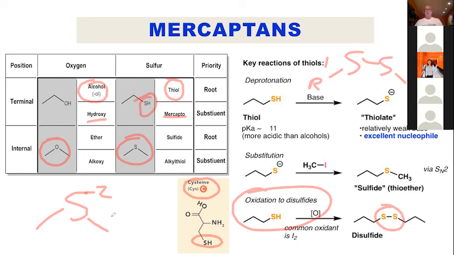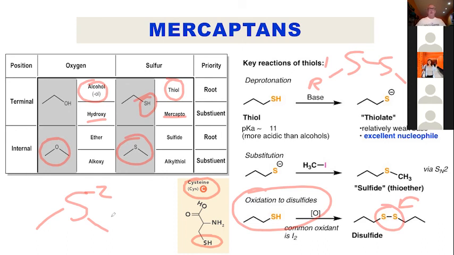One of the uses for cysteine in proteins is to cross-link with another cysteine, oxidize, and form this disulfide bridge. What that does is it takes floppy parts of proteins and basically locks them in place. And it's a very easy reaction to reverse. So you can reduce this very simply.